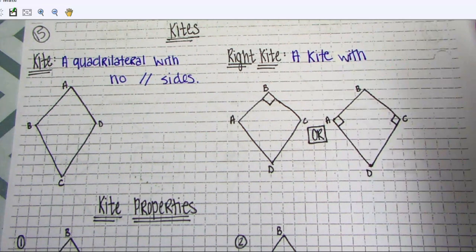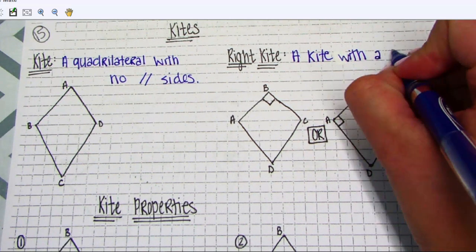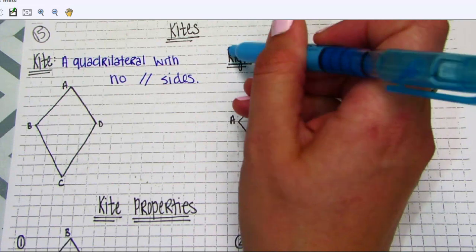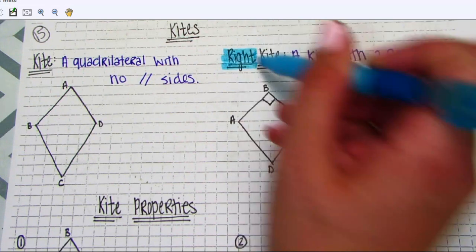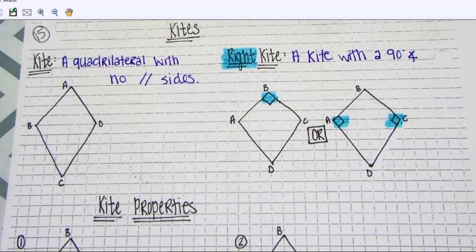Now, it can have 1 or it can have 2 90-degree angles. It depends on where they're located. So a kite could have 1 at the top. It's called a right kite because it has a 90-degree angle. It could have 1 or it could have 2 if they're across from each other.